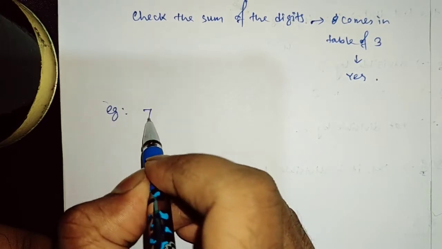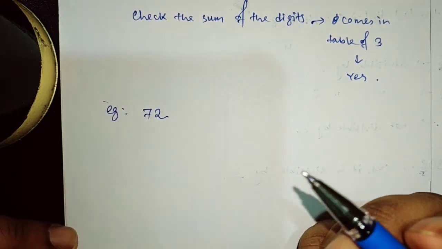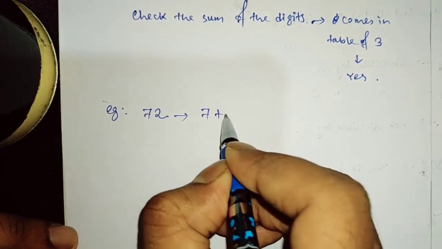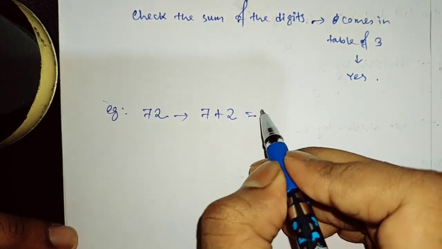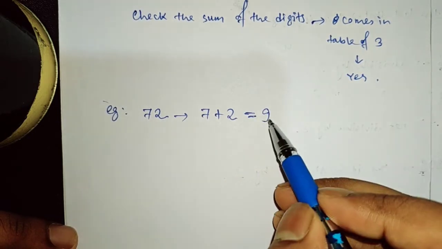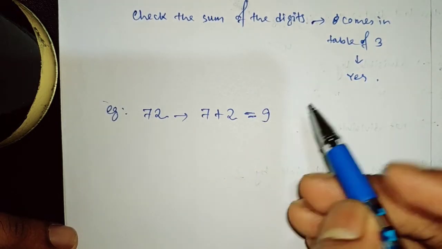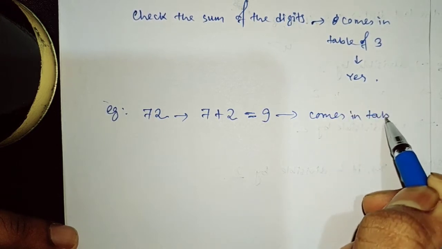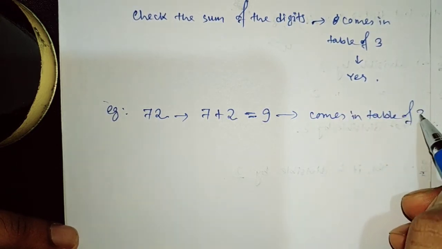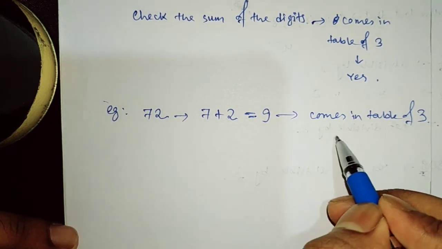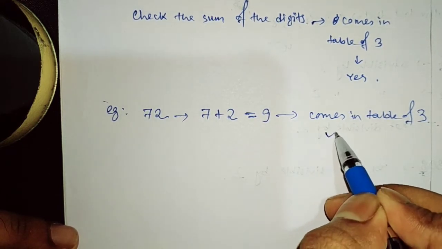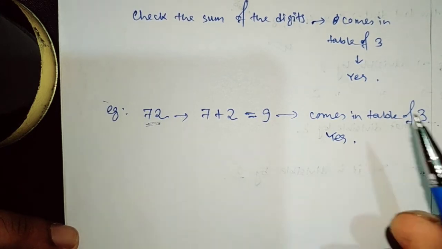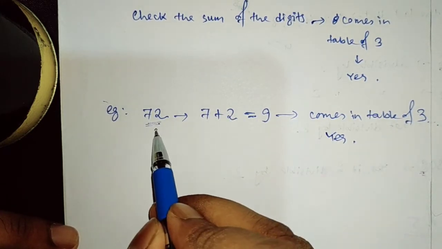Suppose we have the number 72, and what we have to do is add 7 and 2. 7 plus 2 is equal to what? 9. 9 comes in the table of 3. That means yes, 72 is divisible by 3.